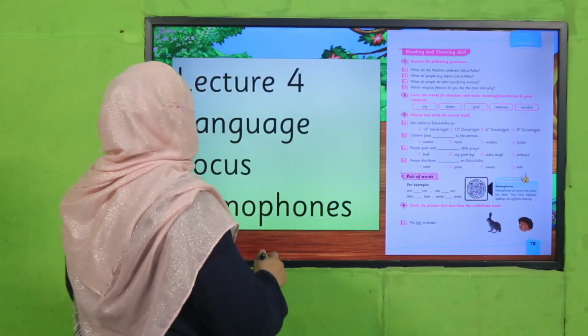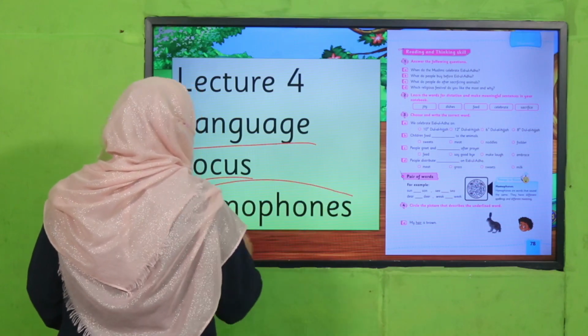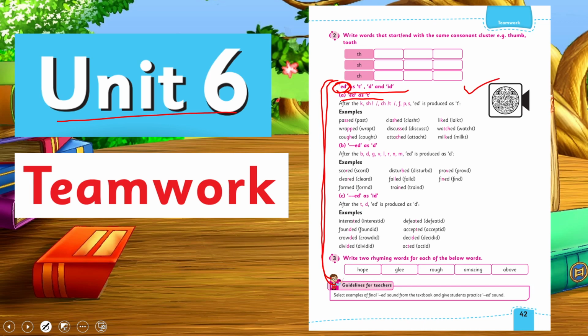So today, under the title of Language Focus, we are going to learn about homophones. Before this, in Unit 6, we have learned about different sounds of ED. I hope you remember, like this ED, same letter can have different sounds. Do you remember this concept? If not, you may watch this video lecture again.